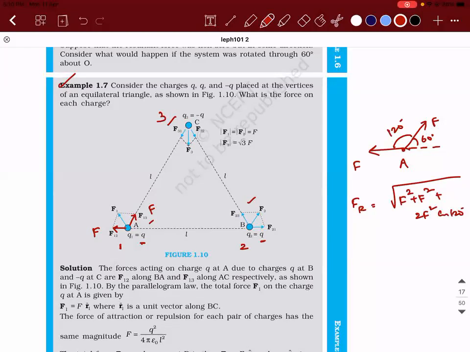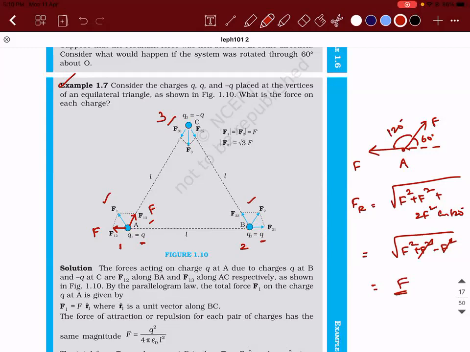So how much is it going to be? Cos 120 is minus half. So this will be root of F square plus F square minus F square. So 2F squares will get cancelled and you're left with F. So the resultant force experienced by the charge at point A due to the remaining two charges in the system is the force F itself. So clear?